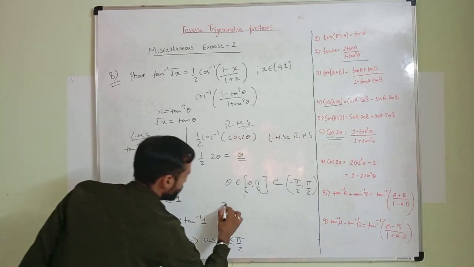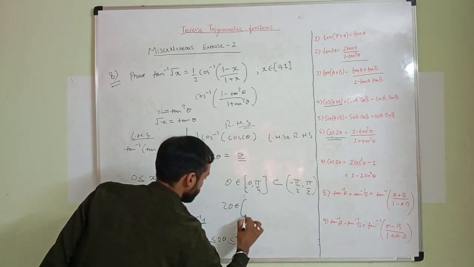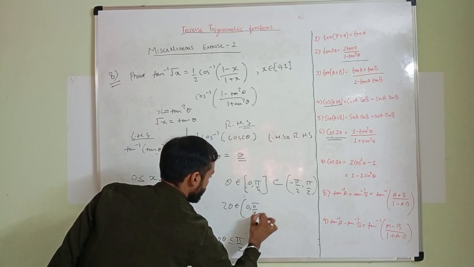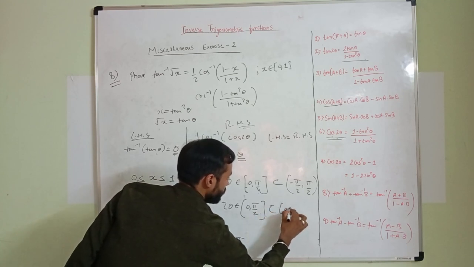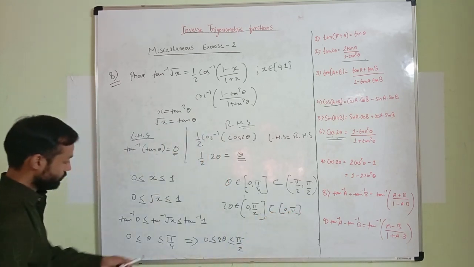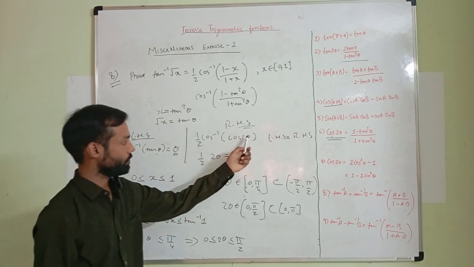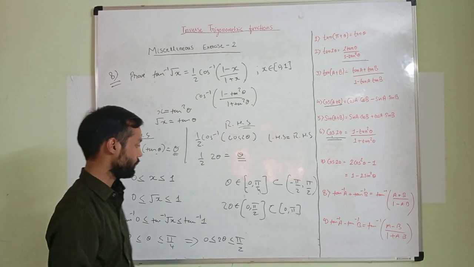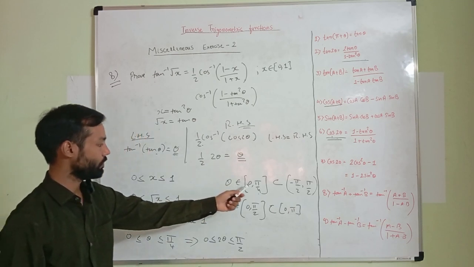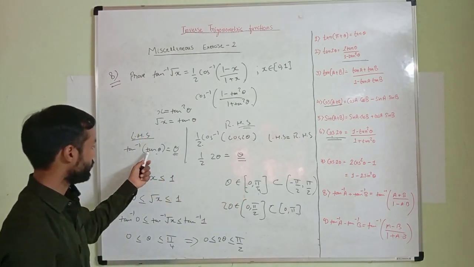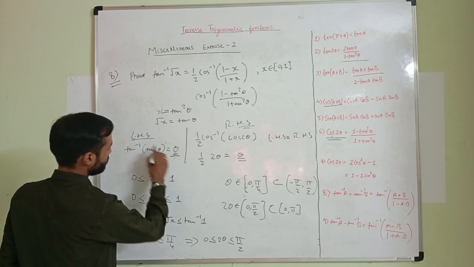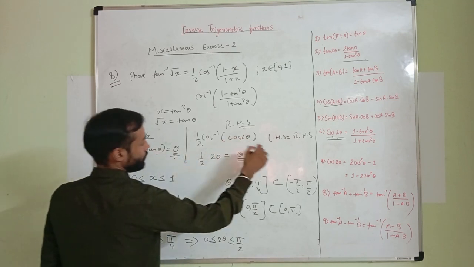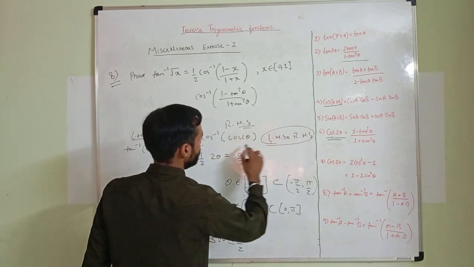So 2 theta belongs to 0 to pi by 2, which is actually a subset of 0 to pi. Hence for this 2 theta, in place of cos inverse of cos 2 theta we can write 2 theta, and for theta belonging to 0 to pi by 4 we can write tan inverse of tan theta equals theta. Only under this condition our LHS is equal to RHS, and we can write it in this form.